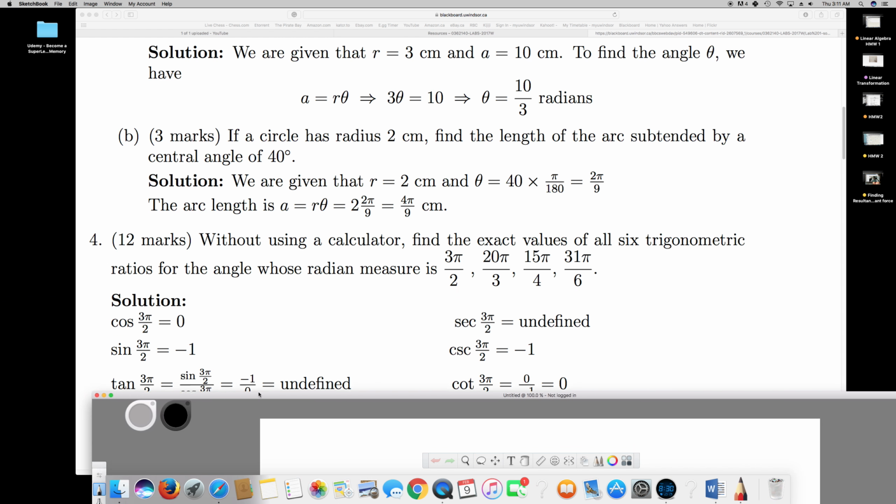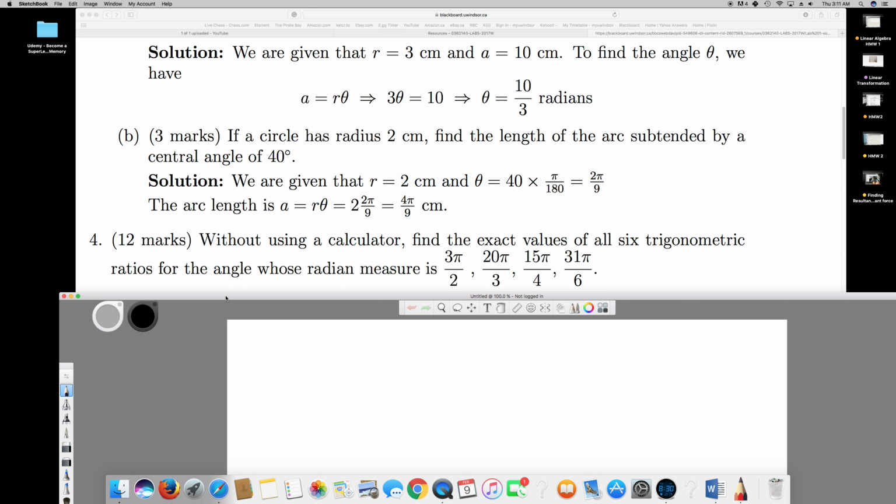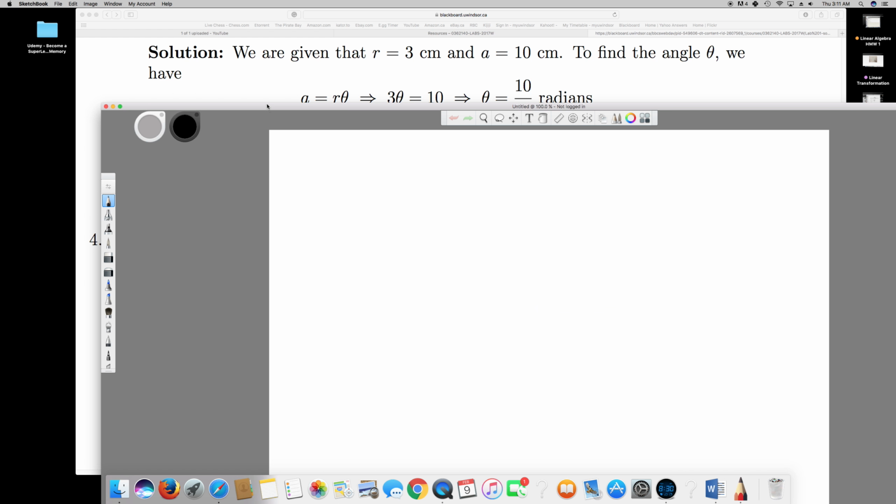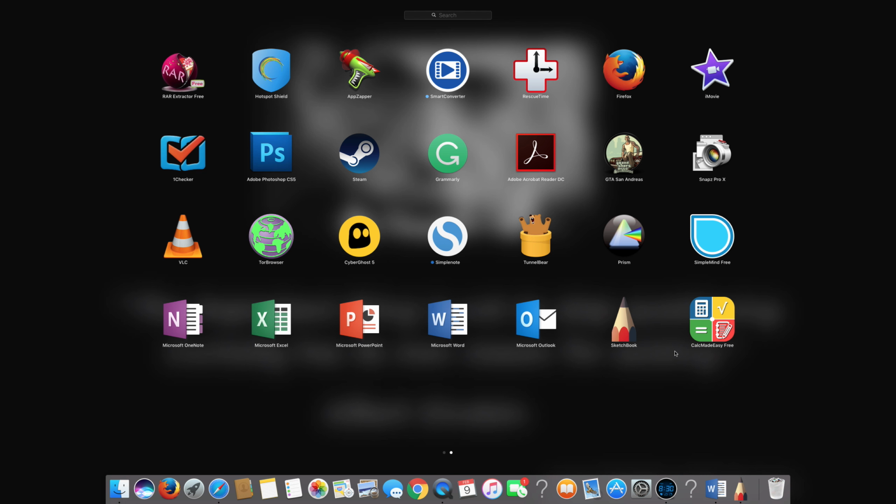The next question is asking to find all the values for 15 pi by 4. So 15 pi by 4 means 15 times 180 over 4. If I divide 180 by 4, it is 45 degrees. 45 times 15, I have to use the calculator right now.